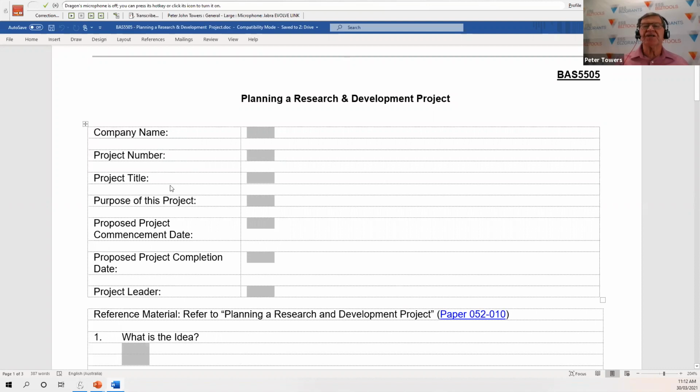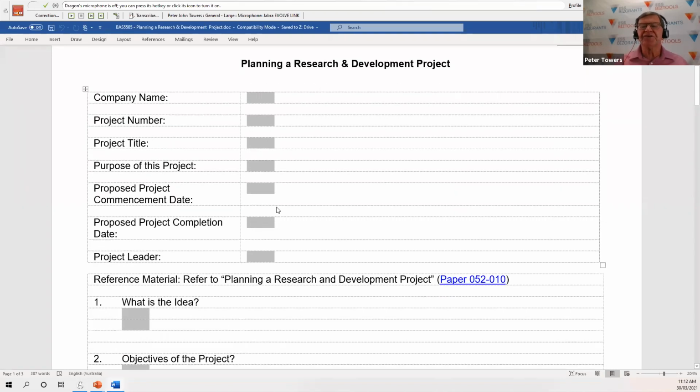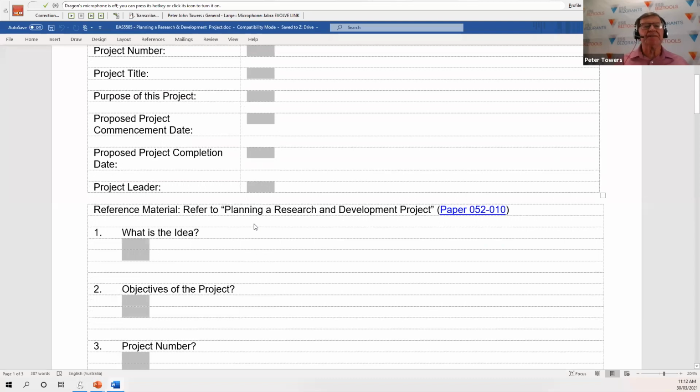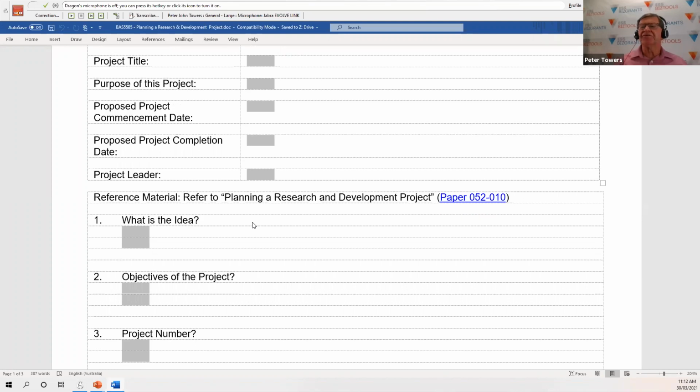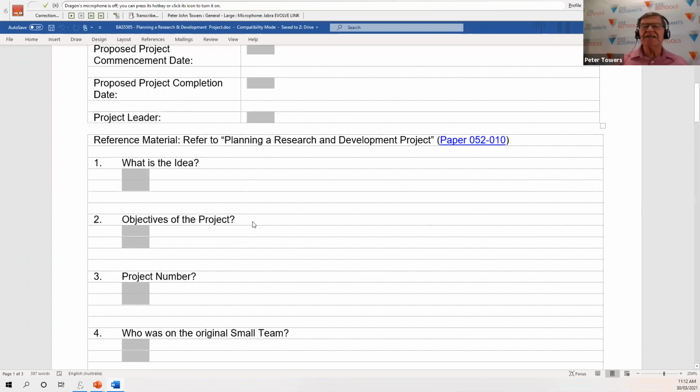Company name, project number, project title. What's the purpose of this project? AusIndustry and the tax office want to know that. When's it going to commence? Who's the project leader? It's very important that dates and descriptions and people are allocated in this whole research and development process.